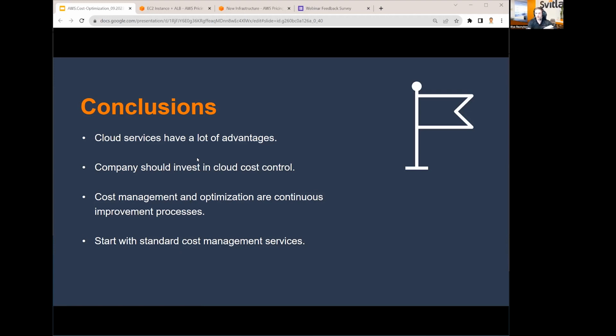We saw that walking through different stages, we each time need to implement cost management and optimization principles and use services. And if you are just at the beginning of this cost optimization journey, we'd like to advise you to start with standard cost management services and then move to some advanced techniques which could also be implemented.